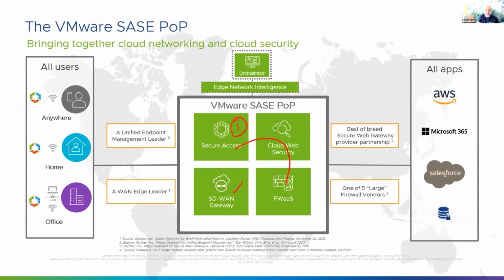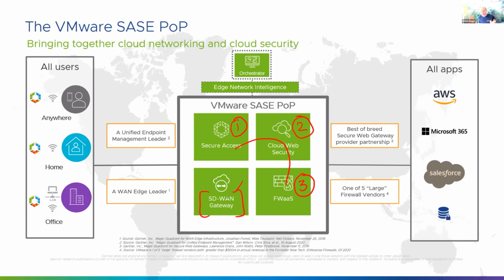To talk about security services: secure access, cloud web security, and firewall as a service. These are the key capabilities which are provided by VMware SASE from the security point of view. And then SD-WAN gateways, the SD-WAN services from the networking point of view.